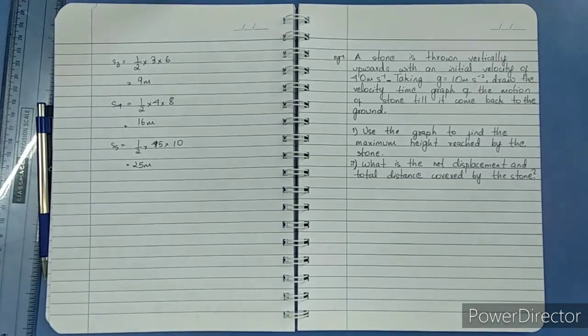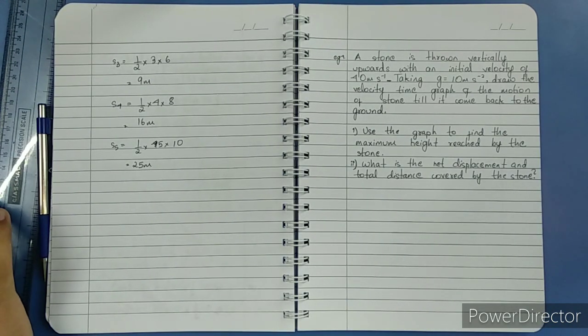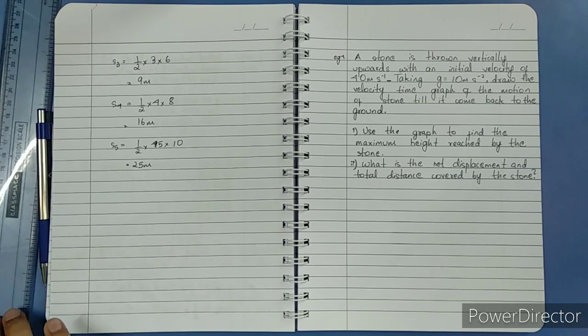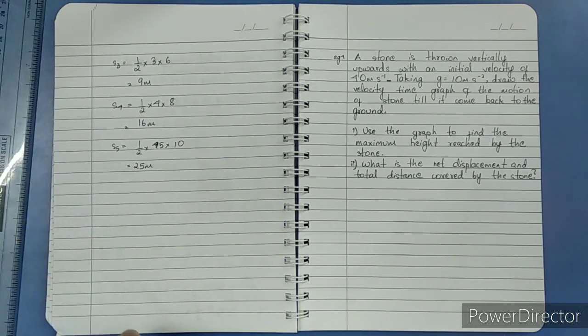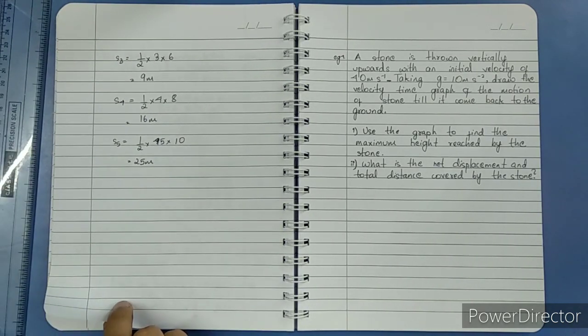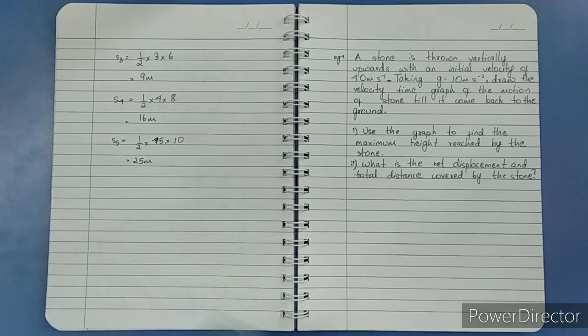So we have distance traveled in 1 second, 2 seconds, 3 seconds, 4 seconds and 5 seconds. So we'll again draw the graph.